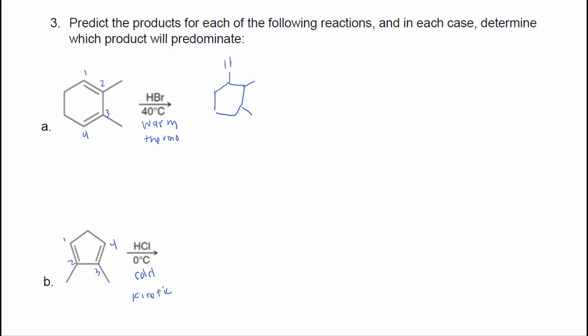So here we're going to add H. That double bond will have shifted, and we'll get our Br adding to the bottom. So this is the 1,4 product. And for cold, we should favor the 1,2 product. All right, any questions there?